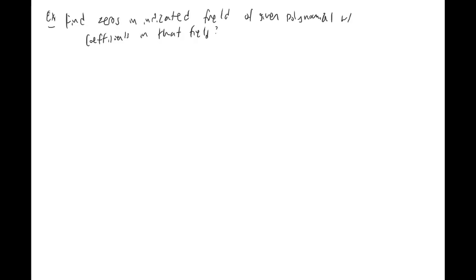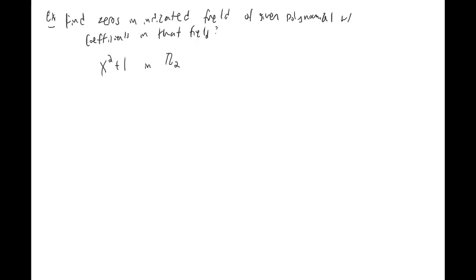Okay, so moving on. Let's find zeros in this field. Let's do x squared plus 1 in Z2. All the coefficients we view as in Z2, and we're trying to find the zeros in Z2. So what do we do? It's not that hard.